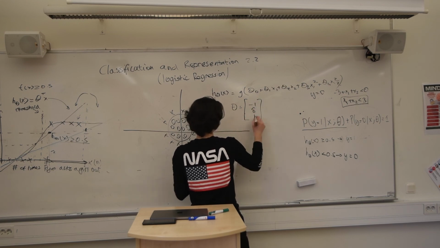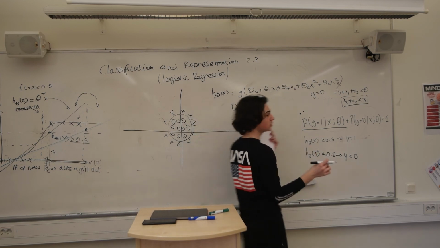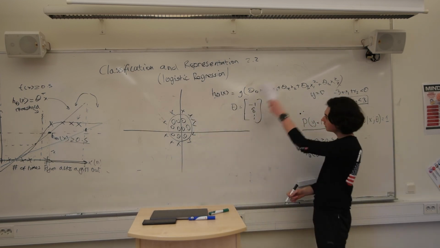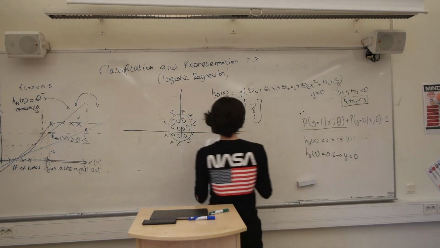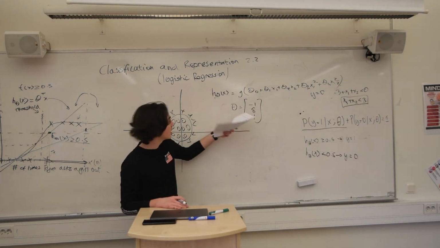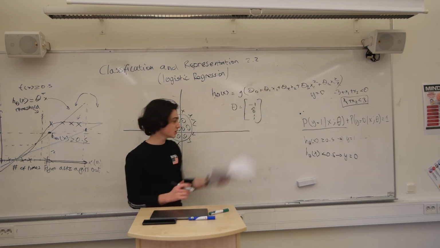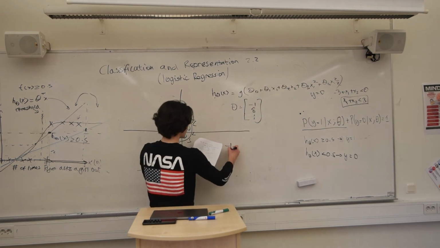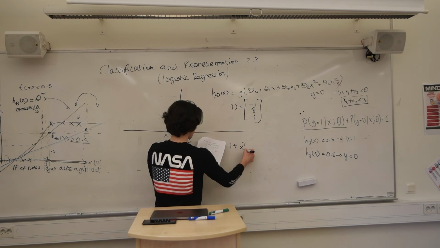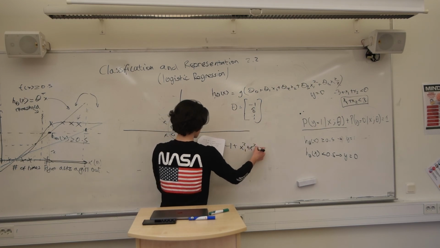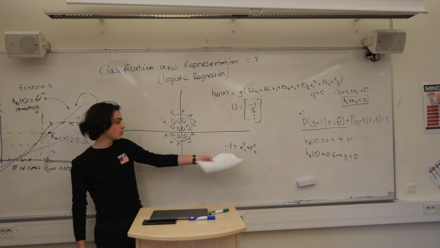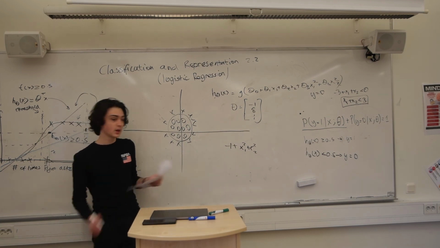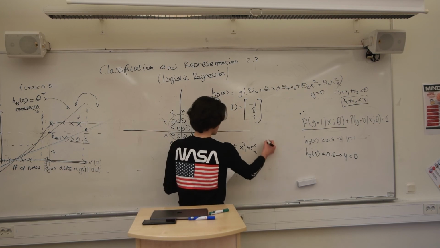Okay? And I chose these values for a reason, because if you plug these values in, you're going to get the equation of a circle. And I'm going to show you all of that. So if we substitute our thetas into our equation, what we're going to get spit out is minus 1 plus x1 squared plus x2 squared, right? And notice that that is the equation of a circle, radius 1.